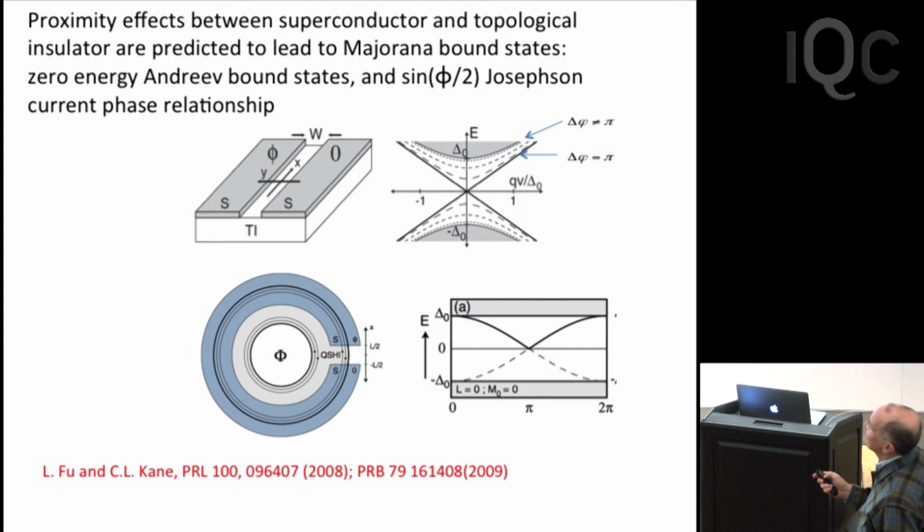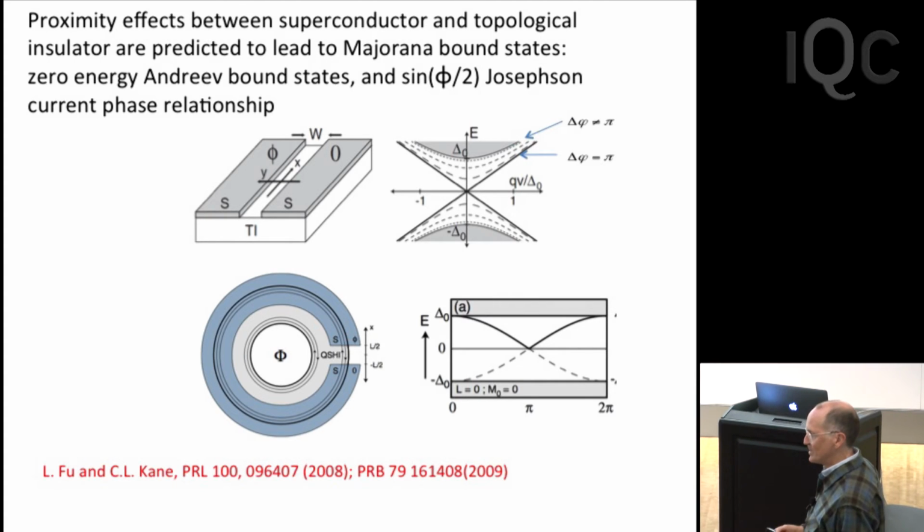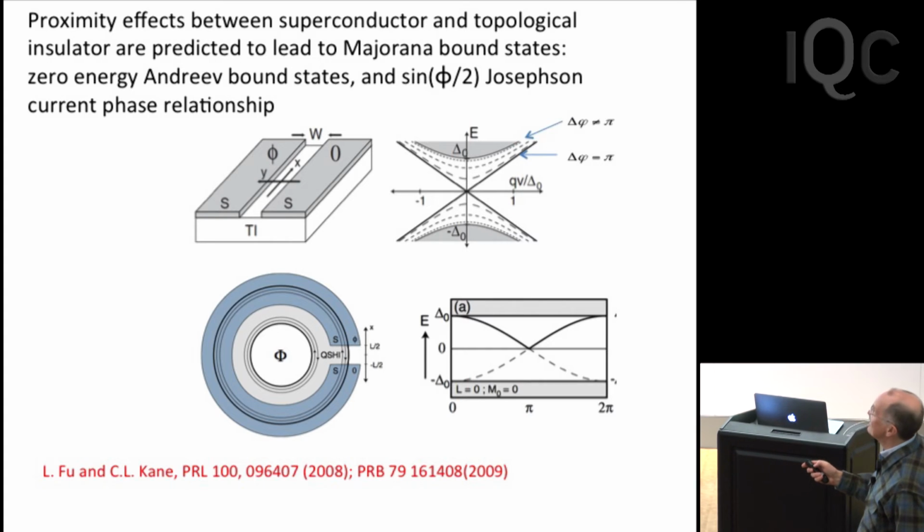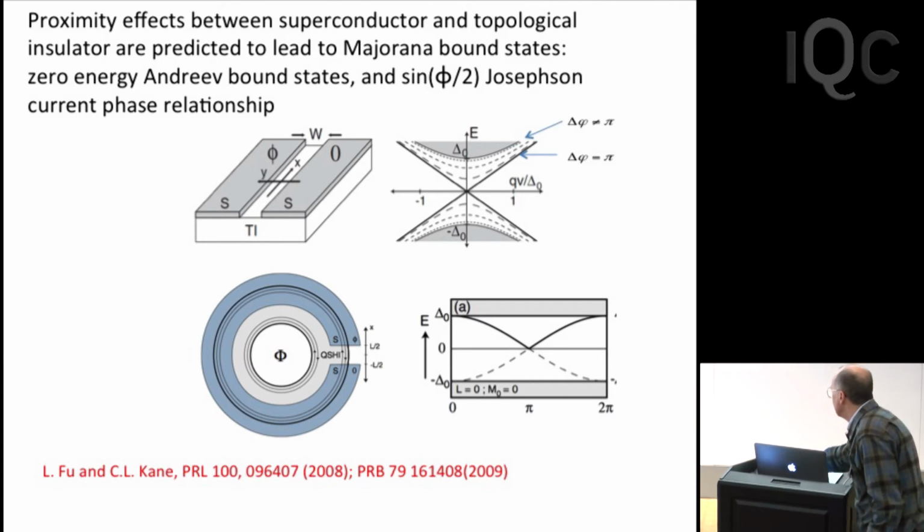And in particular, it's been predicted that there should be a relationship between the Josephson current and its phase, which is different than the conventional one. It should go like the sine of the phase divided by 2, rather than the sine of the phase for a conventional Josephson junction.